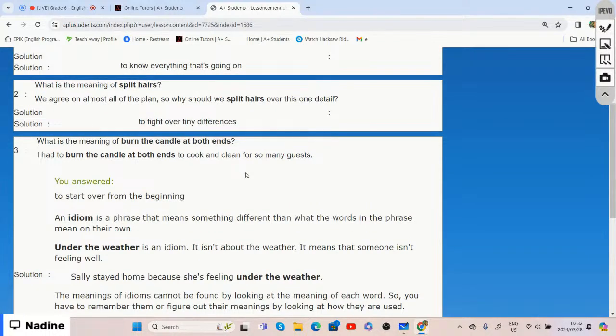All right, split hairs. What do you think split hairs means? Do you think it has to do with hair that is damaged, so now it's splitting?